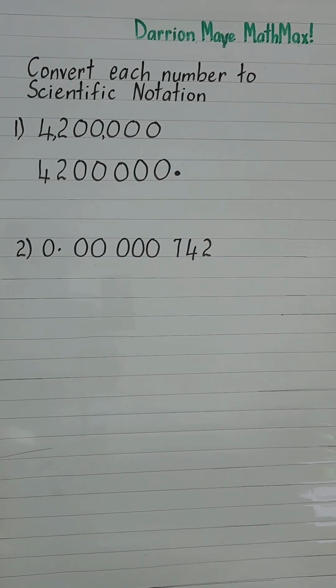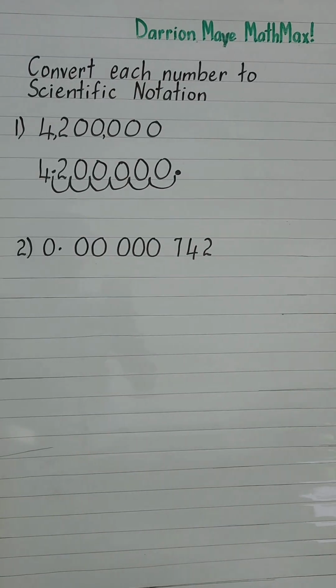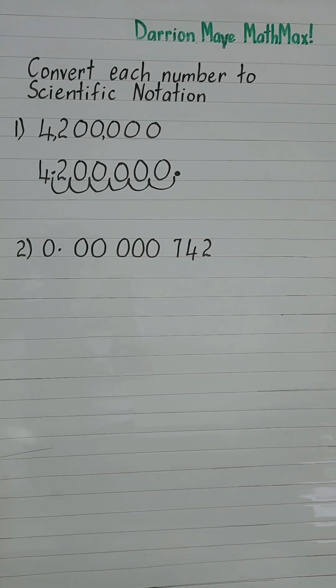Now, we are going to move the decimal point to the left until there's only one non-zero digit to its left. So let's make that move. We move it until there's only one non-zero digit to the left. And now we have the decimal point in between the 4 and the 2.